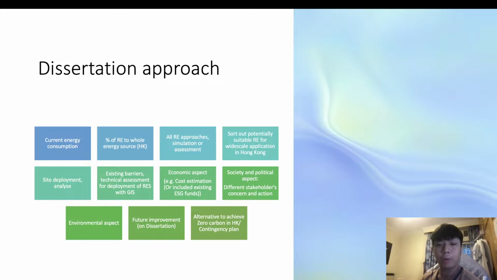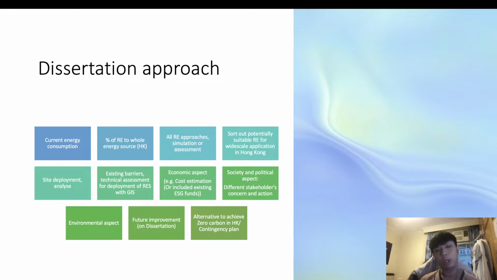The hourly simulation or assessment will be made for all the renewable energy that can potentially be adopted, for example, wind energy, solar energy, tidal energy, thermal energy, and so on, and sort out the potentially suitable RE for wide-scale application in Hong Kong.